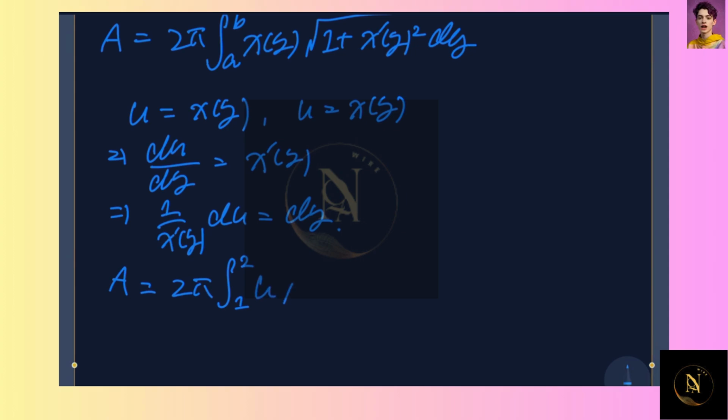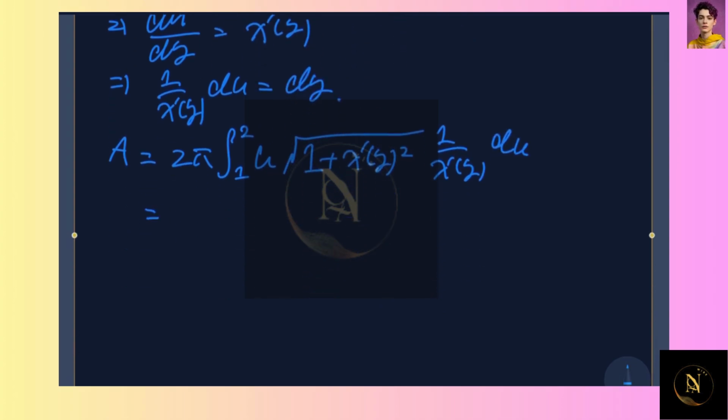Okay, so now we have 1 over x prime of y dy, not du.